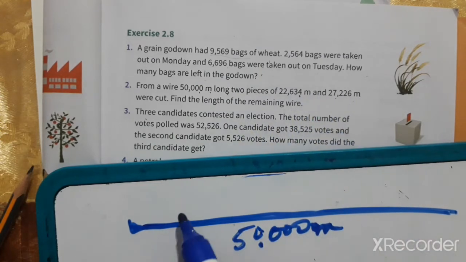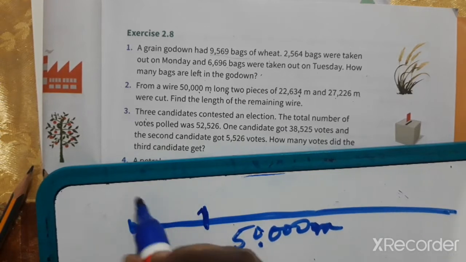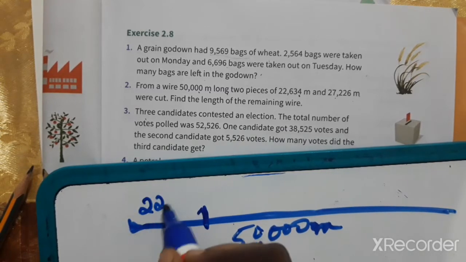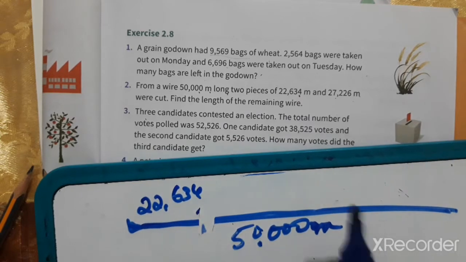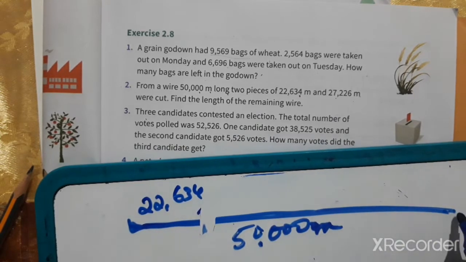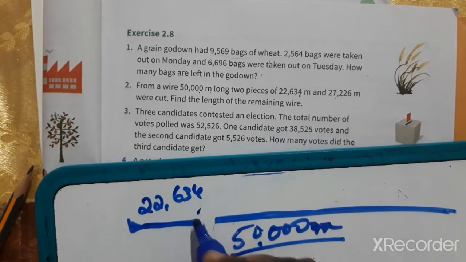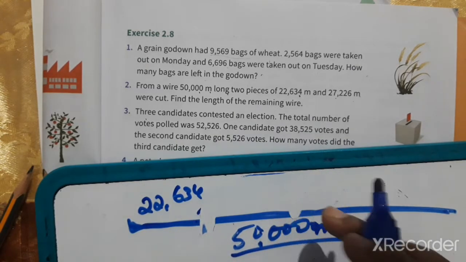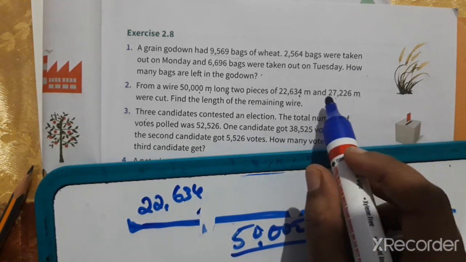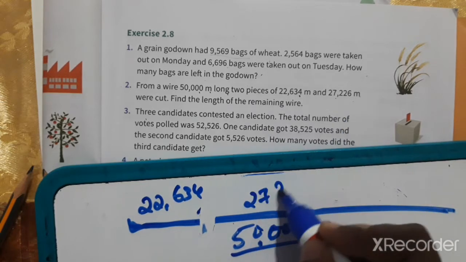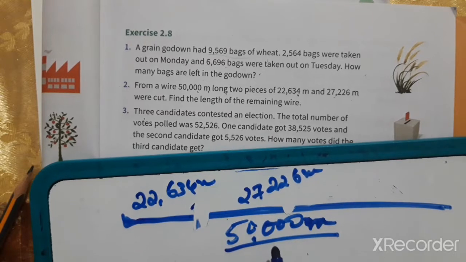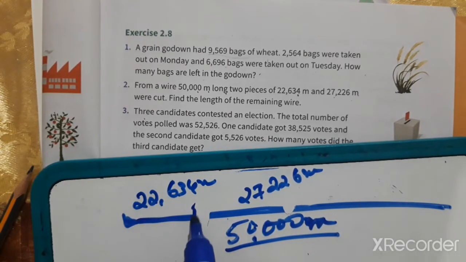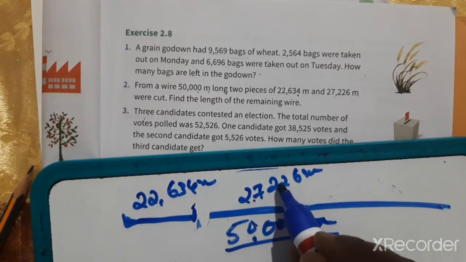27,226 meter were cut. So for example, here 22,634 meter of wire is cut, and again from the total length of 50,000 meter, 27,226 meter is cut. From 50,000 meter of wire, the first piece cut is 22,634 meter and the second piece is 27,226 meter.